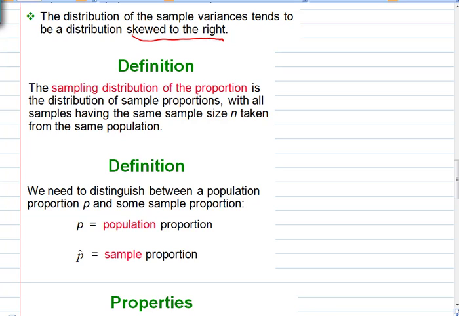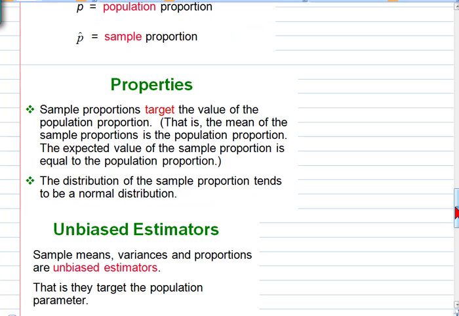The sample proportion would target the population proportion. In order to tell the difference from a population proportion, we're going to put a hat over the sample. With the means, we use a subscript, mu sub x bar, for our sample means, but with the proportions, we use a p and a p hat. The sample proportions target the value of the population proportion. That is, the mean of the sample proportions is the population proportion.